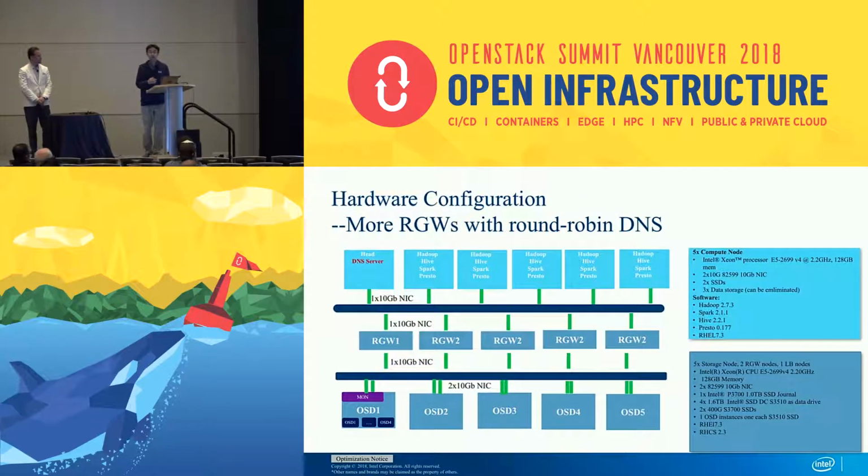We then changed our configuration with a more advanced connection tier. So the compute tier and the storage tier aren't changed. But in the accessing tier, we switched to more Redis gateway servers and also a round-robin DNS-based access.